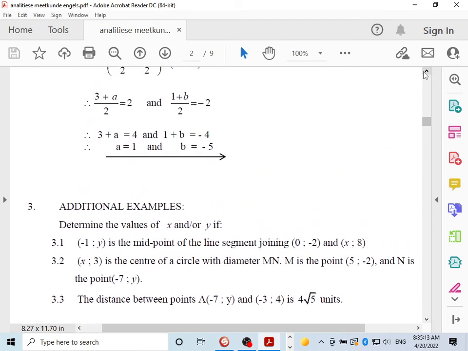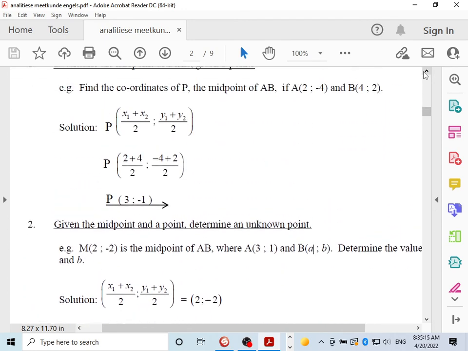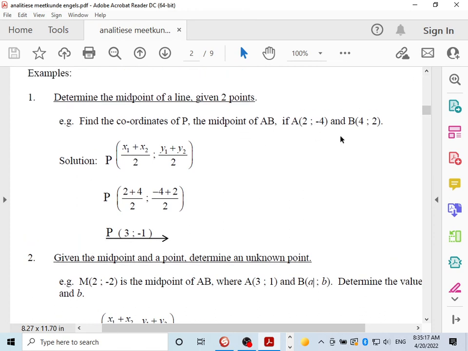Let's take this previous example of the midpoint. Do you see that A and B? Here they ask for the midpoint. They can also ask you for the gradient of this line. So then you would take y minus y divided by x minus x and simplify. That's not difficult, hey? Okay.